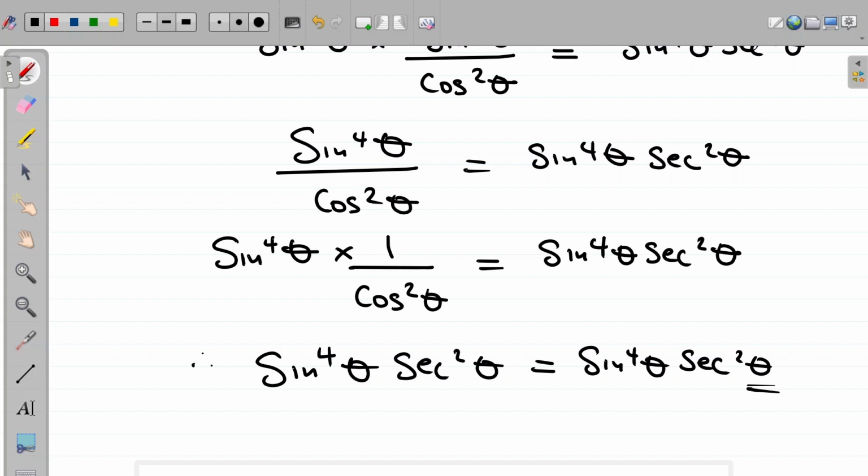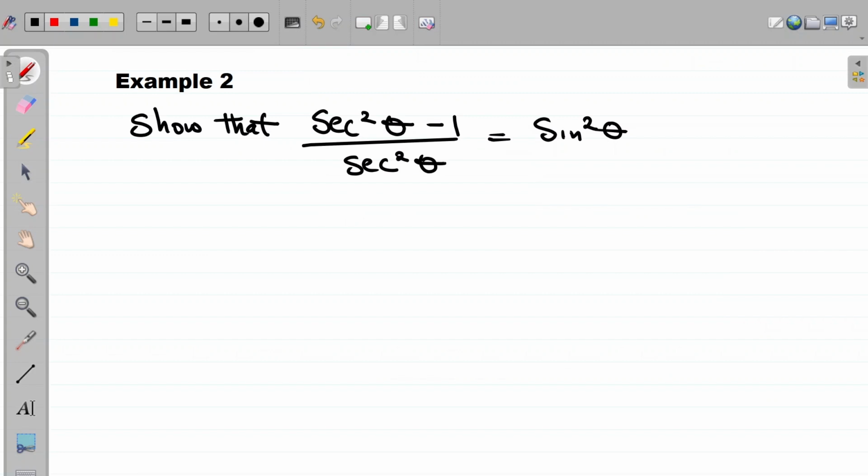Example 2 says, show that sec square theta minus 1 divided by sec square theta is equal to sine square theta. First, we know that sec square theta is equal to tan square theta plus 1.